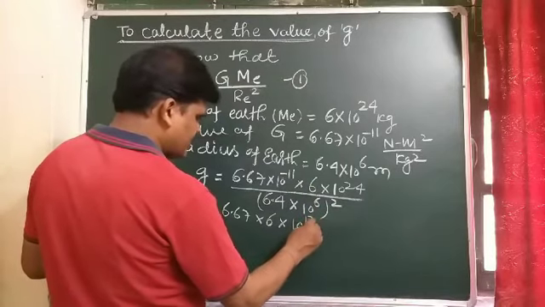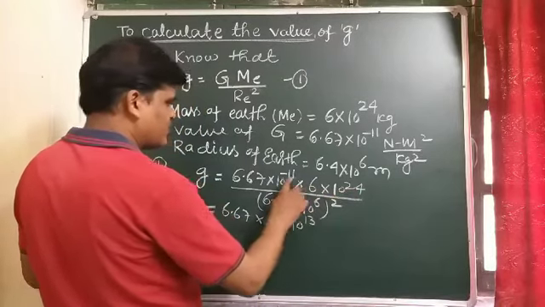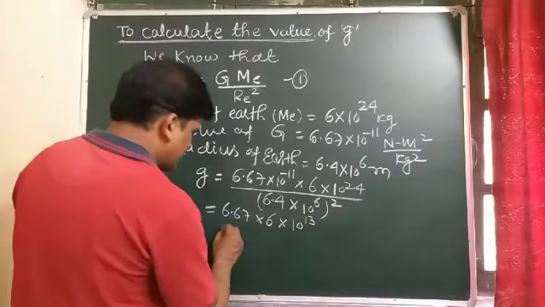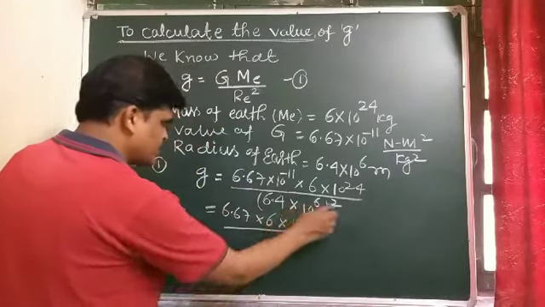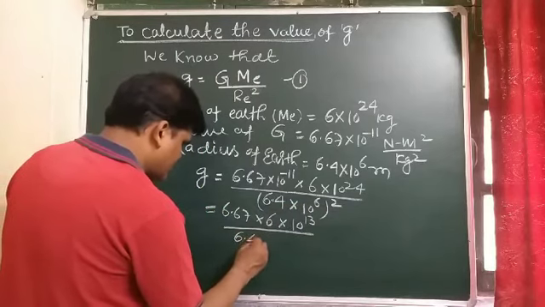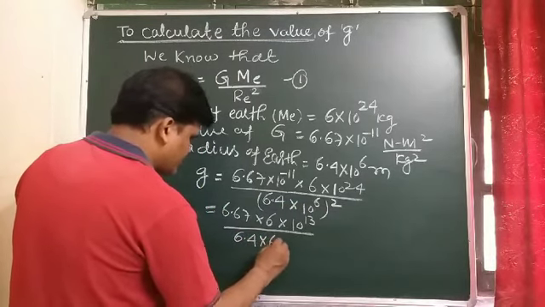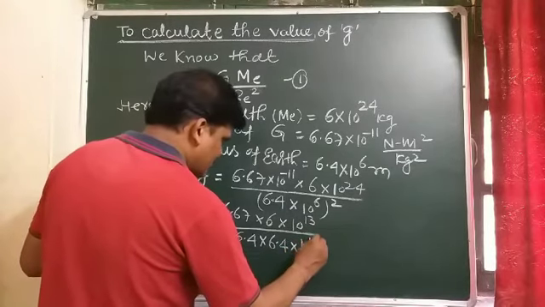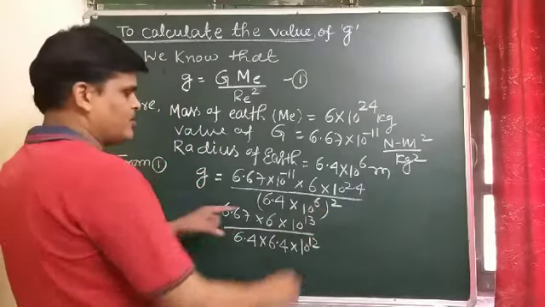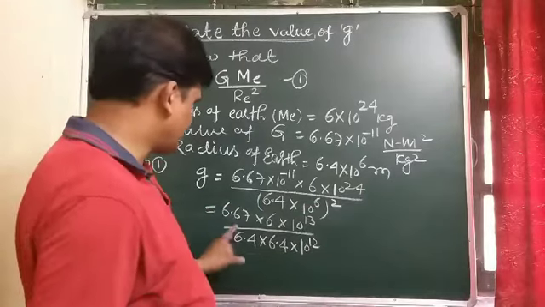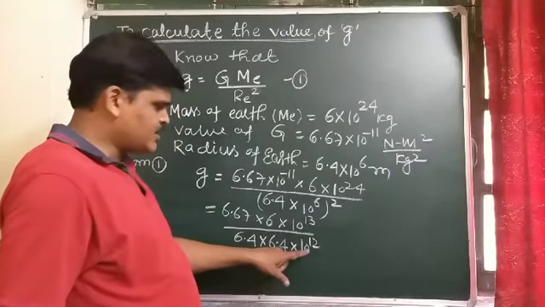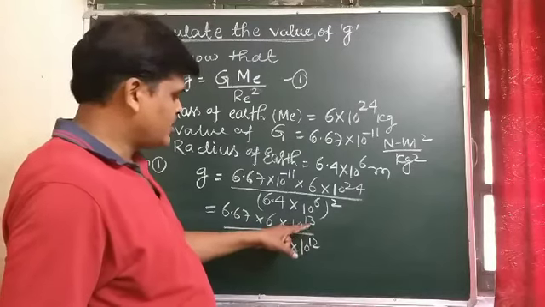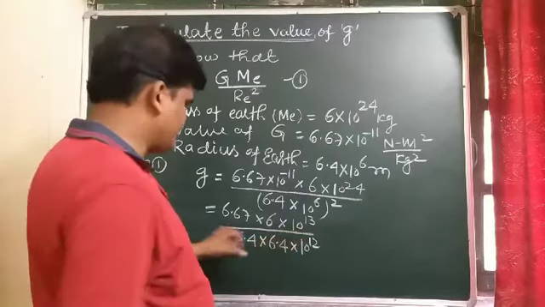10 to the power 13. And in the denominator, the square of this means 6.4 into 6.4 into 10 to the power 12, the square of 10 to the power 6 being 10 to the power 12. And students, when this 10 to the power 12 moves to the numerator, it becomes negative.